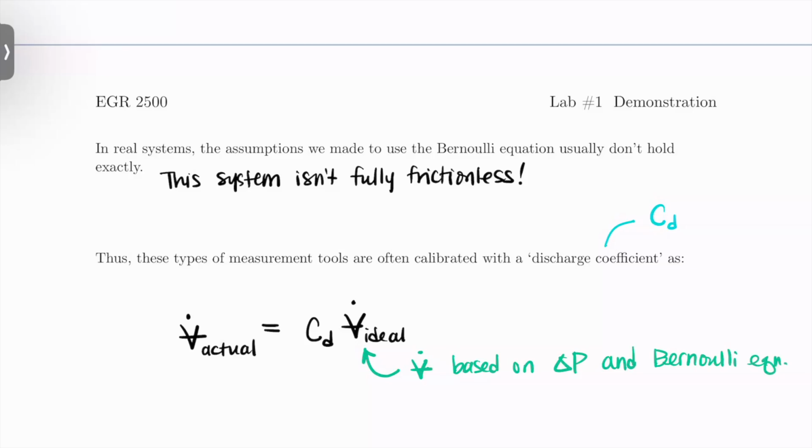And then C D is going to capture or adjust for departures from idealized systems. Does that make sense? Okay.